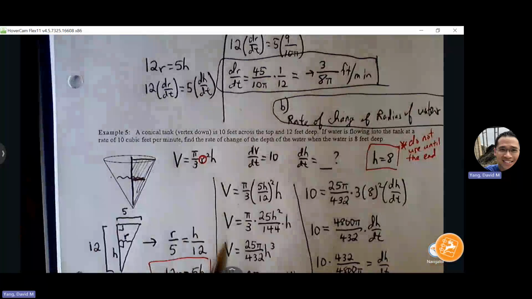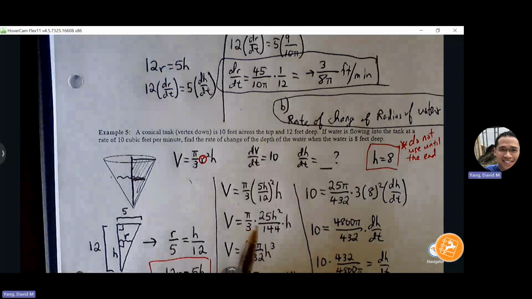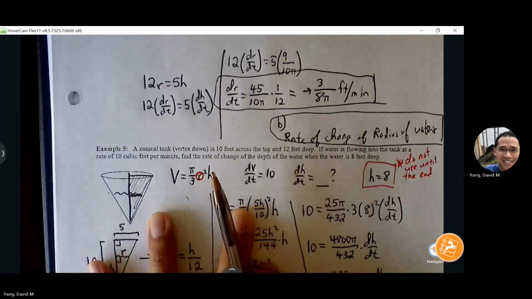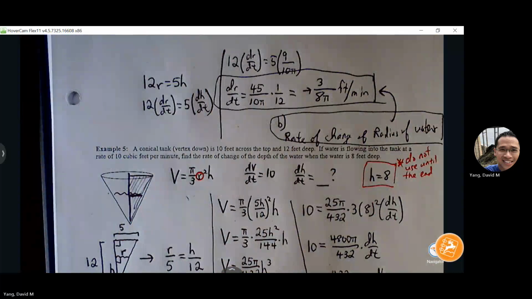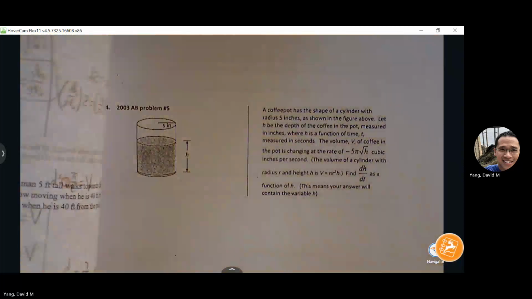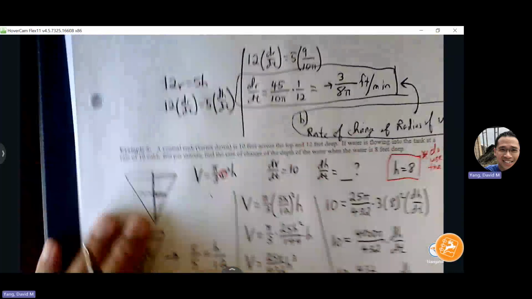So it's a nice, easy way to jump back and forth between the rates. There's no need to go back to the original equation and build the volume equation from scratch. Okay, let's just go through a variety of different problems here.